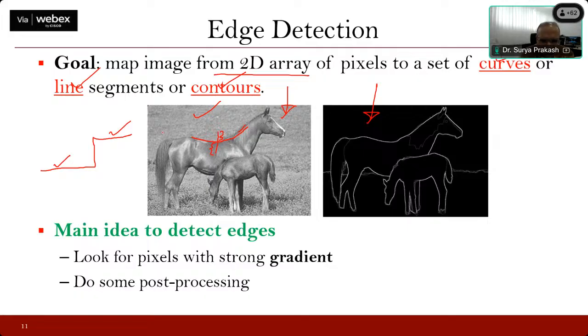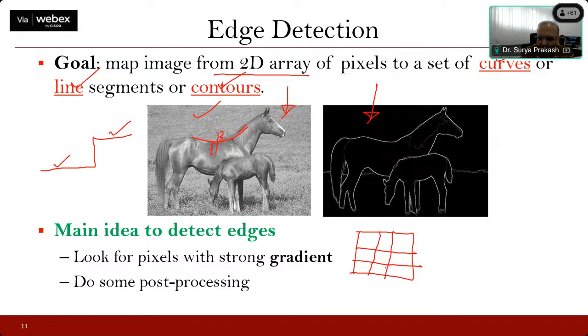of edges. So the change is nothing but the difference, and the difference is nothing but the derivative. When you are computing the derivative in 2D, you have an area like this, and you want to find the change when you move from one side to the other.